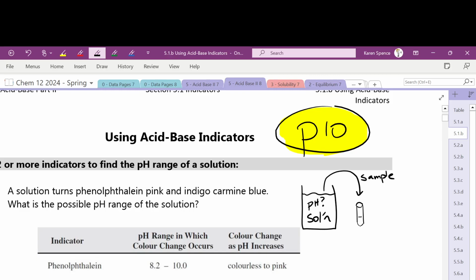We add some phenolphthalein, and it turns pink. Now we take a second sample and put it into a different test tube, and we put some indigo carmine in it, and it turns blue.